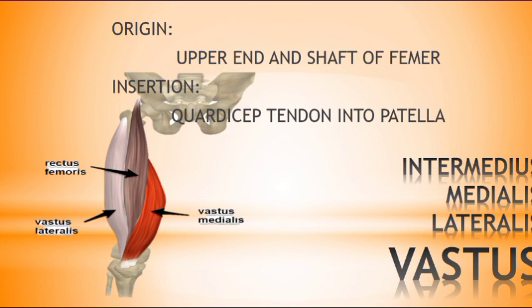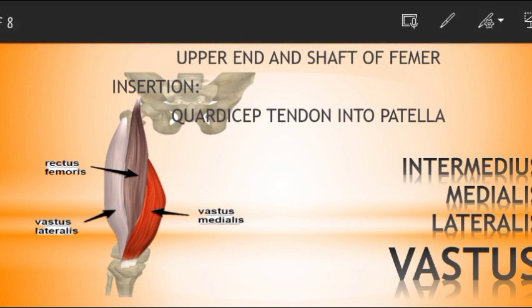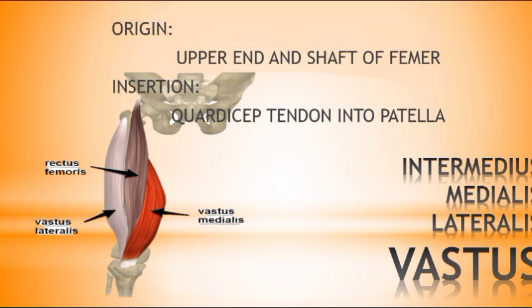The vastus lateralis muscle is present on the lateral side, this one, and the vastus medialis is present on the medial side, this one. The vastus intermedius is not shown in this picture. This long muscle shown over here is the rectus femoris muscle. The insertion of these muscles is at the quadriceps tendon in the patella, the same as the rectus femoris. The action of these muscles is to extend the leg at the knee joint.